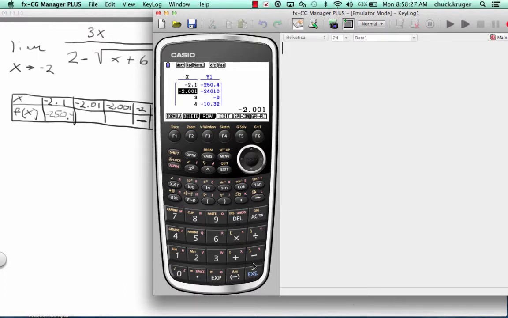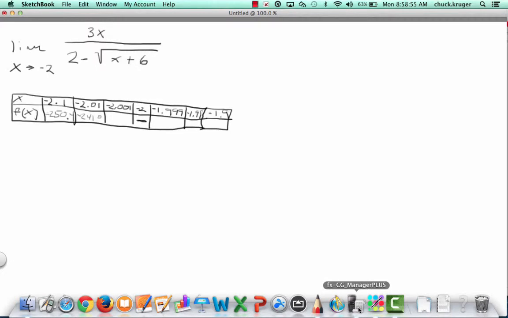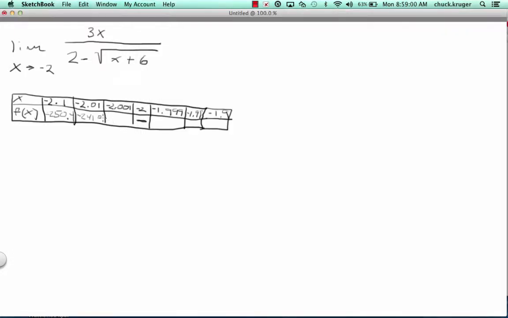Let me go down to the next line. There we go. And you can see my numbers are getting very negative. Over here I had negative 2,410. And then my next number was even bigger, negative 24,010.